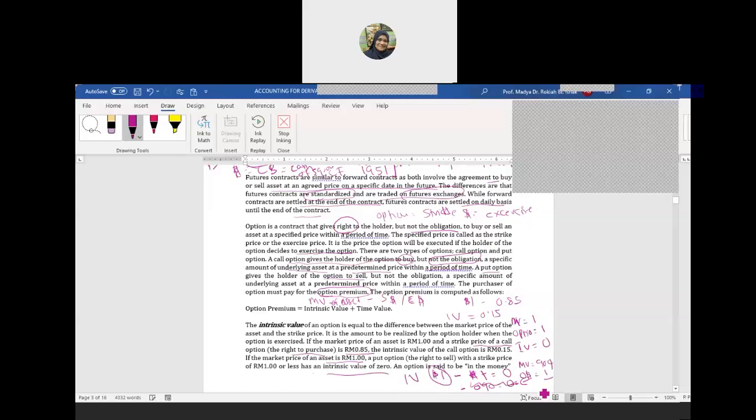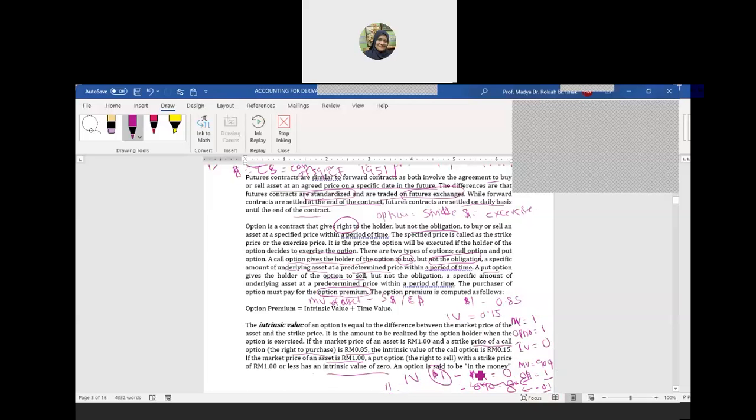You get a negative 0.1. We consider this as 0 because we're not going to exercise the option. If you exercise it, you need to pay 1 ringgit, but the market value is only 90 cents, so we would have a loss.